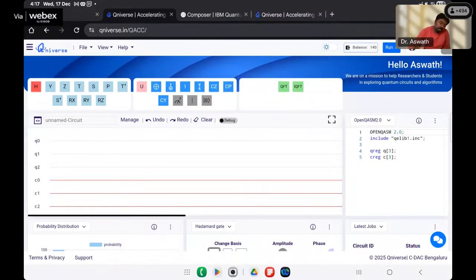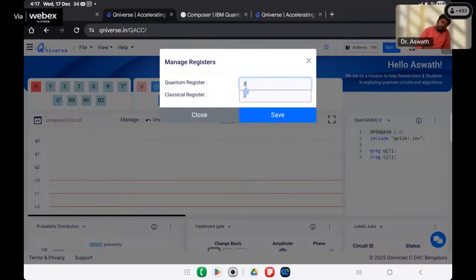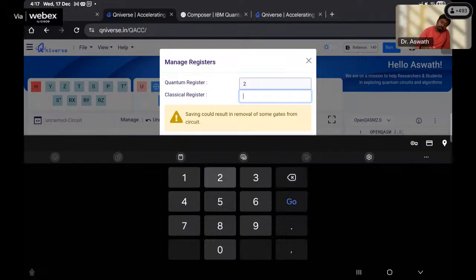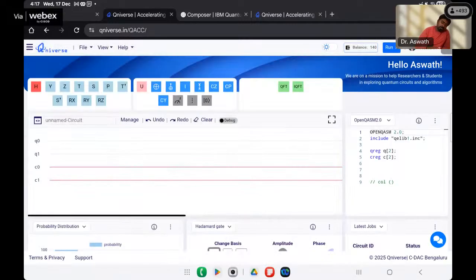So this is what I have now. Here I can create whichever circuit I want. Let's say I want to create an entangled circuit. So let me take two quantum registers and two classical registers. Save. First, a Hadamard gate acts on the first quantum register and a controlled NOT on the second quantum register.